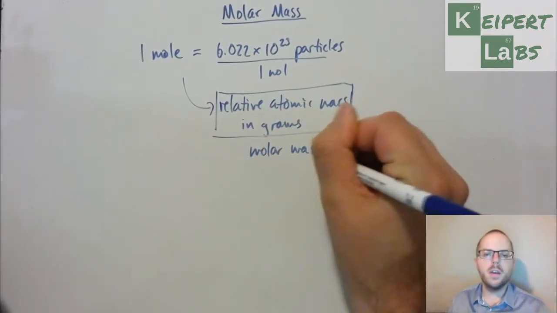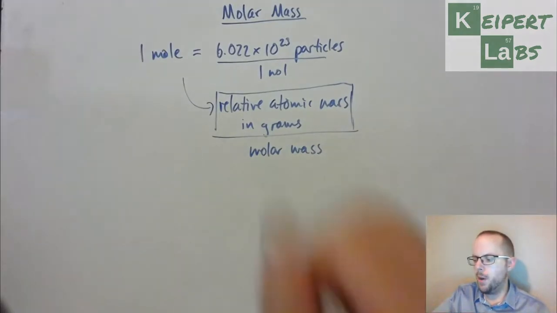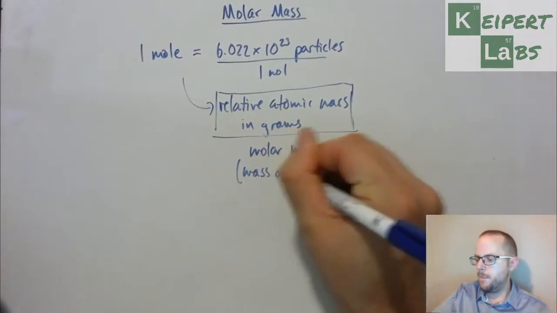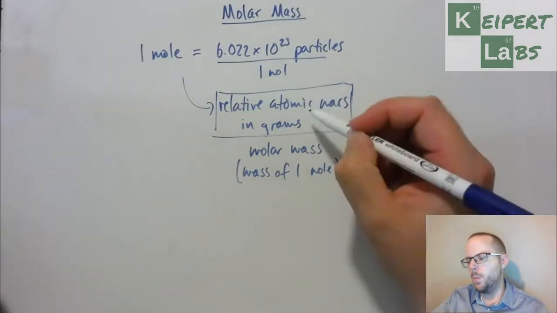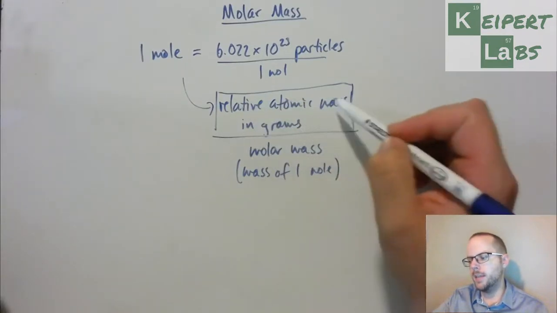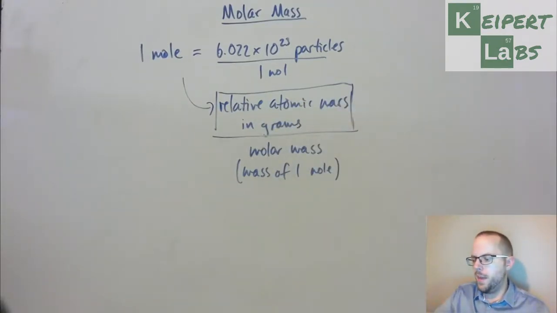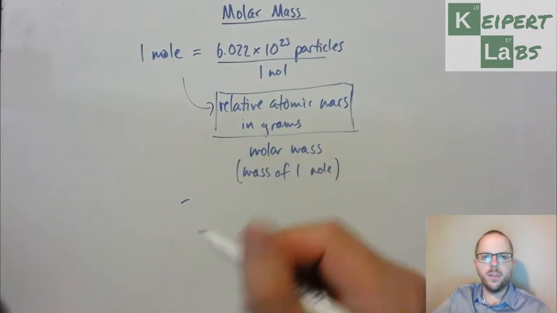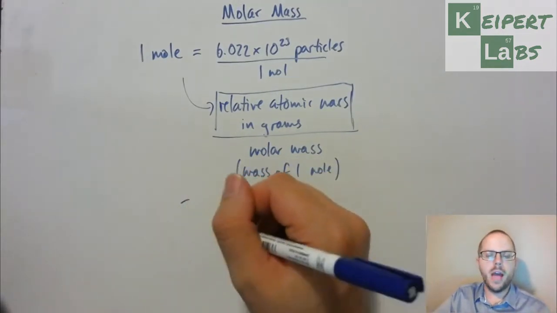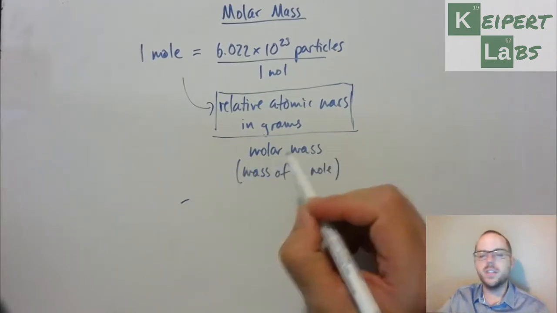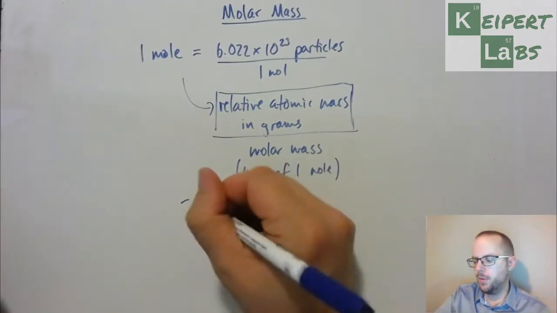That substance's molar mass is the mass of 1 mole. So we measure out its relative atomic mass in grams. All of a sudden we've taken something that's a very relative and abstract idea, and we've turned it into something that we can use the periodic table for.